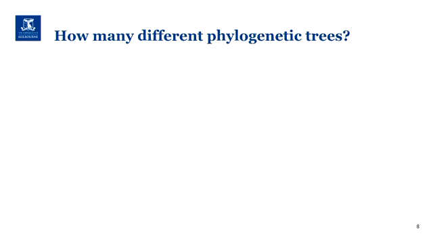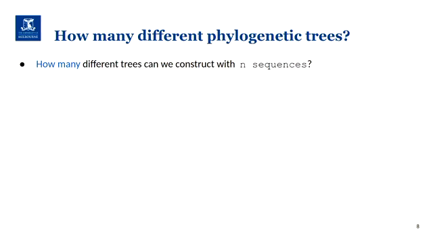Okay? And if we think about it, let's consider then n sequences. How many different trees can we construct with n sequences? And that would be different if you consider rooted and unrooted. Any guess of the order of magnitude of how many trees you can create with n sequences?